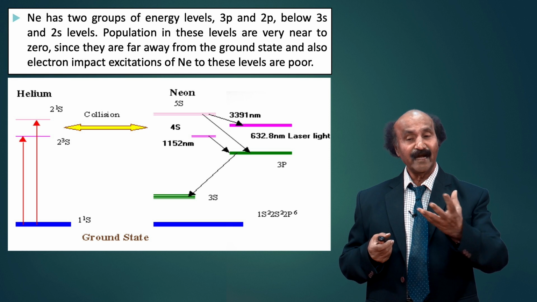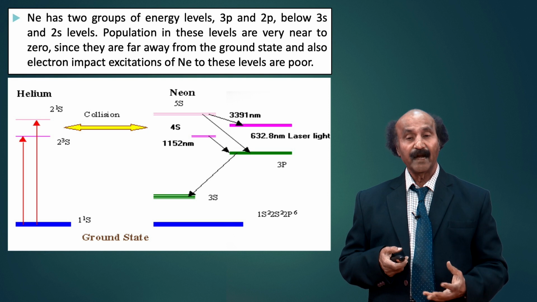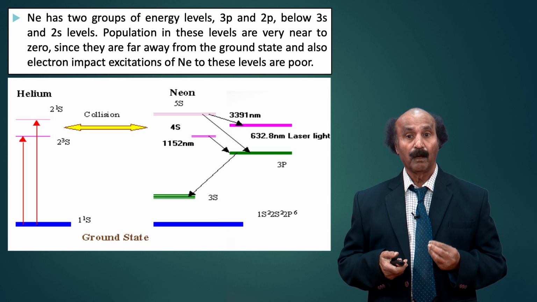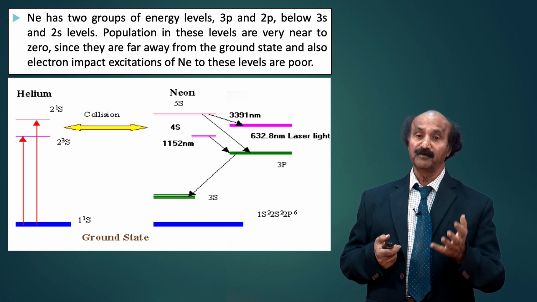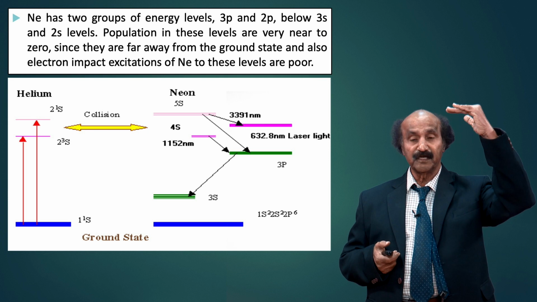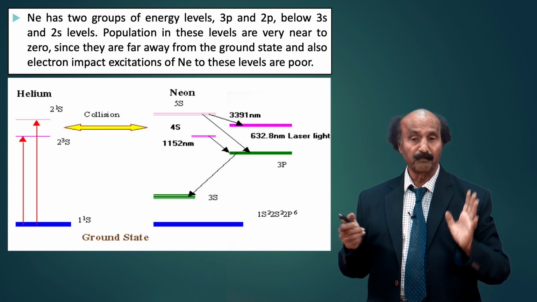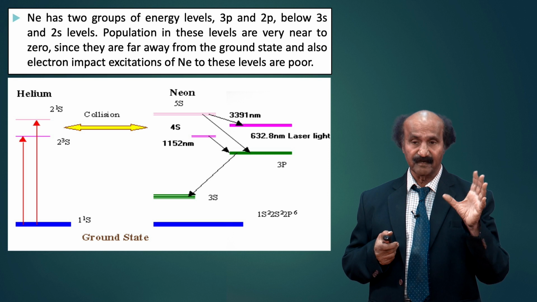If only 10 atoms are there in 3p level and 100 atoms are there in 5s level, then population inversion is very high, because population inversion is the difference between the population in the upper laser level and lower laser level. In our example, in 5s level there are 10 atoms, angry atoms.